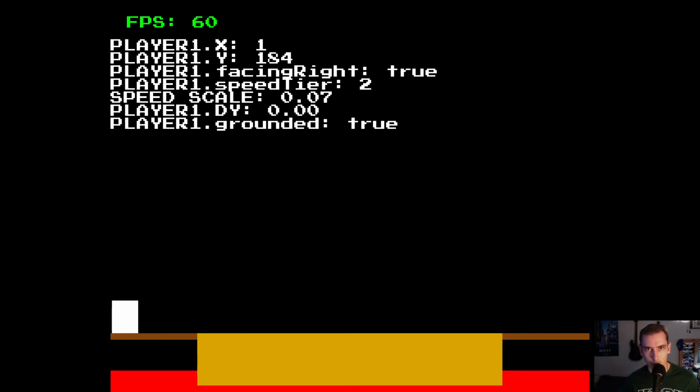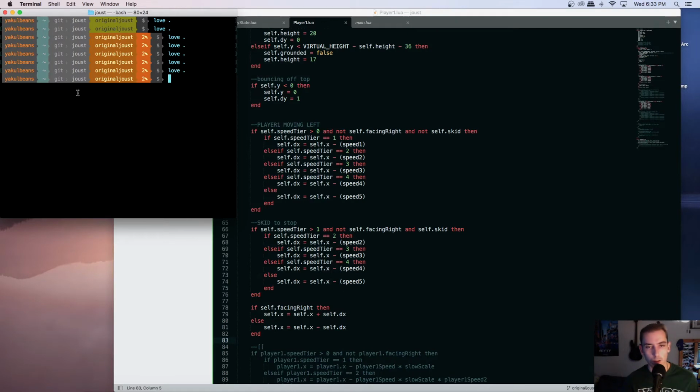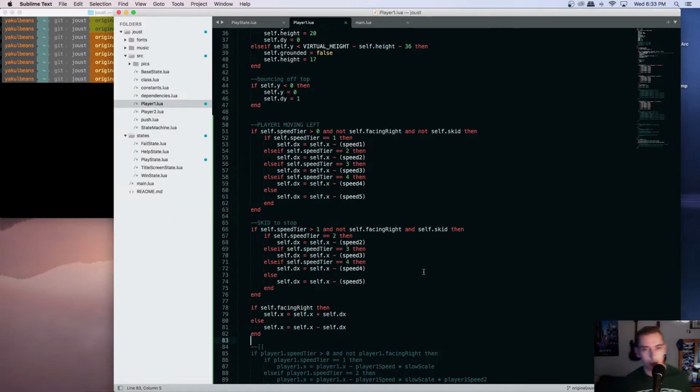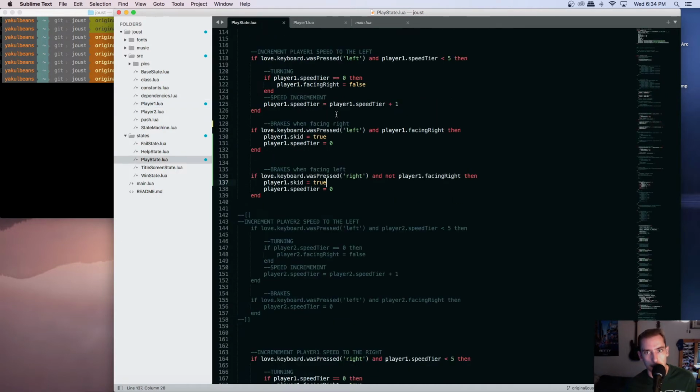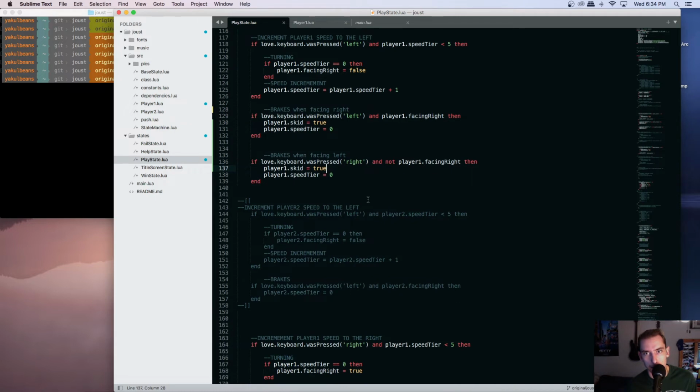So the skid flag is what's screwing us, I'm pretty sure. So we still need to reset the self.skid to false once we've hit 0.